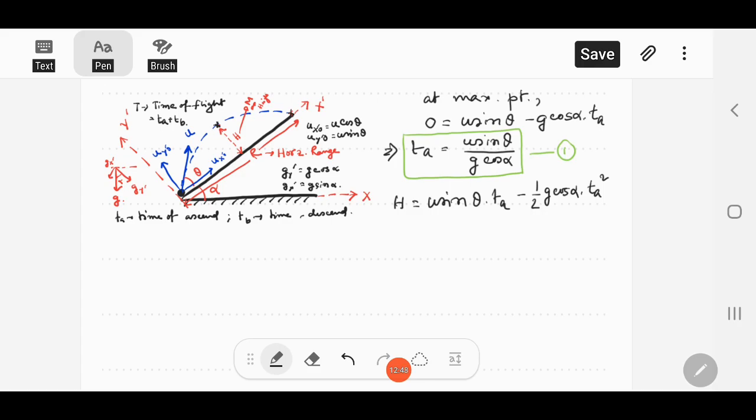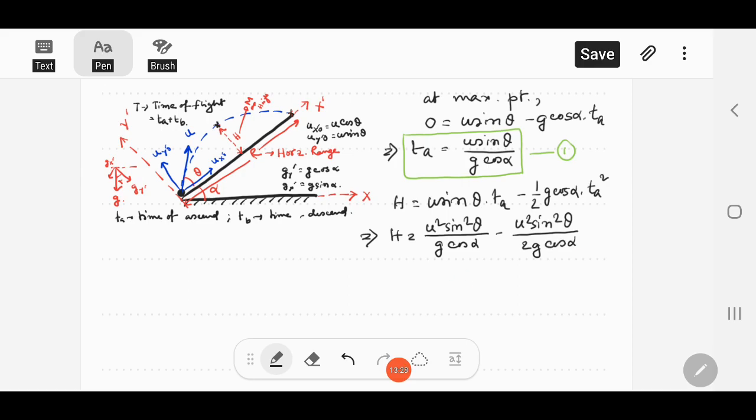Okay, so if we put the value of ta here, what do we get? We get u sin theta times u sin theta, which gives u square sin square theta by g cos alpha, and here we get g cos alpha times ta square, so you get u square sin square theta, and g cos alpha will cancel out because g cos alpha is not equal to 0, so you get again u square sin square theta divided by 2g cos alpha.